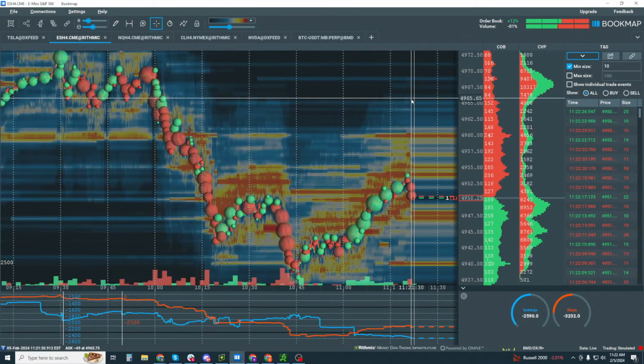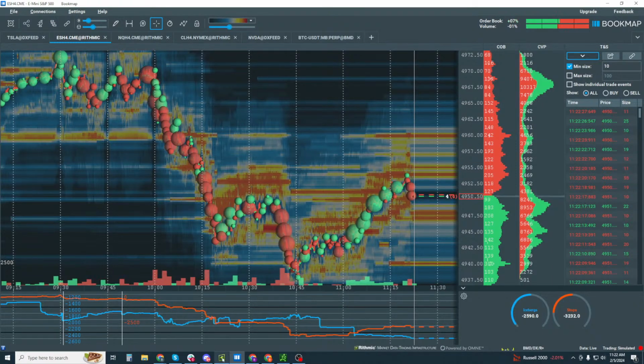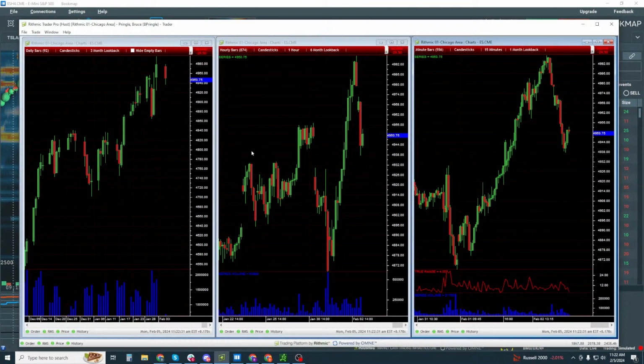All right, let's just kind of recap a little bit. And we're looking at a little more higher time frame stuff today. So we had our kind of impulse move, or this momentum move to the downside, and starting to see that unfold.